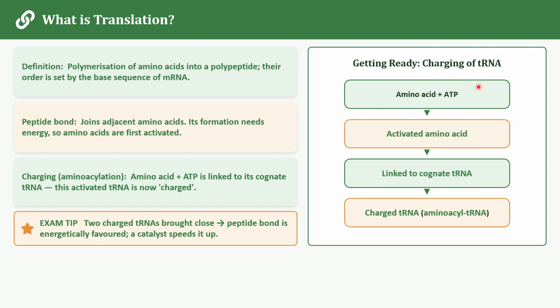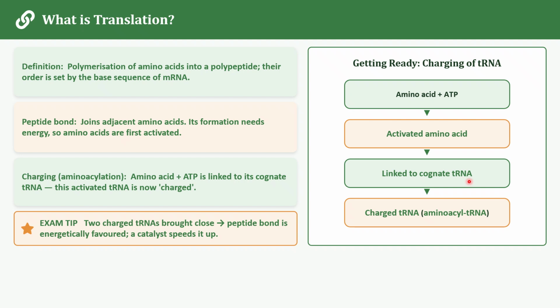What happens here? Amino acid plus ATP. Before an amino acid can be incorporated into a growing polypeptide chain, it must first be activated. This requires some energy in the form of ATP. So the amino acid is first activated using ATP and then it is attached, or linked, to the specific or cognate tRNA.